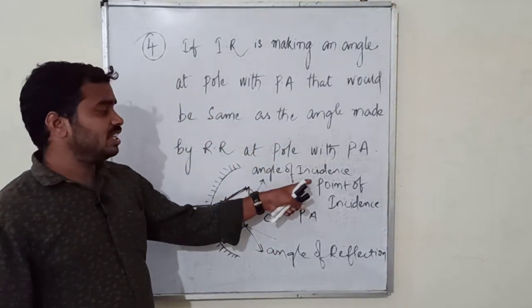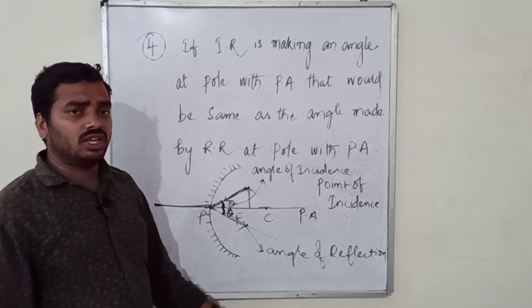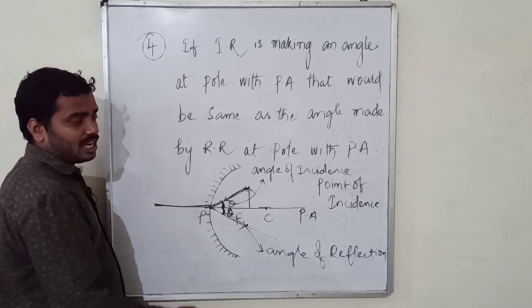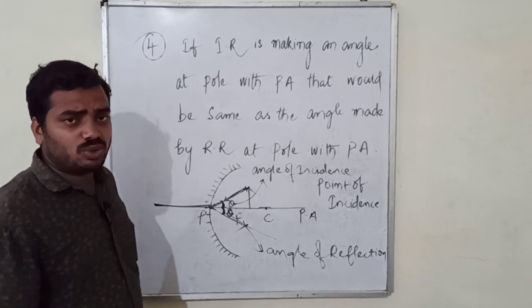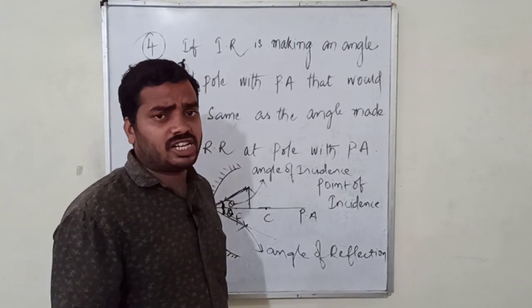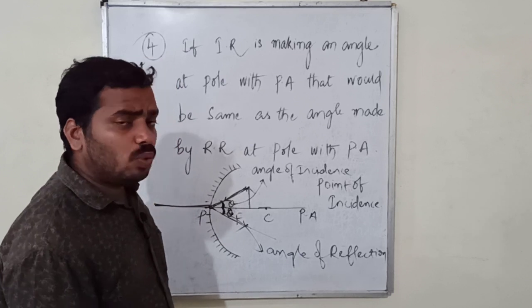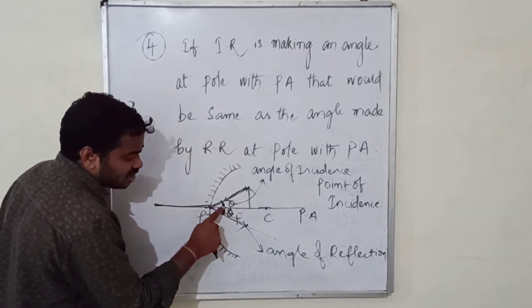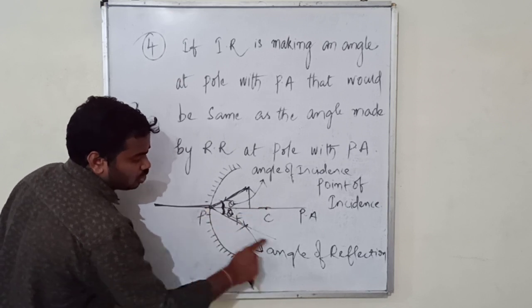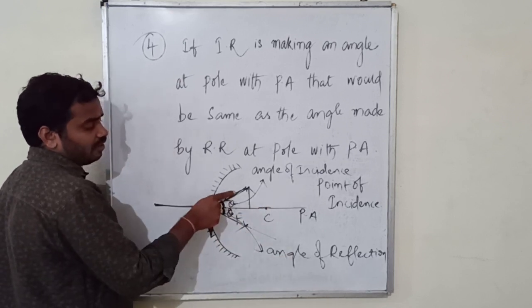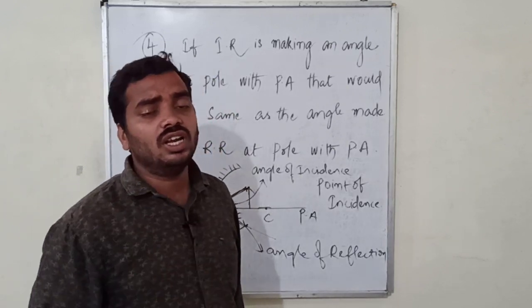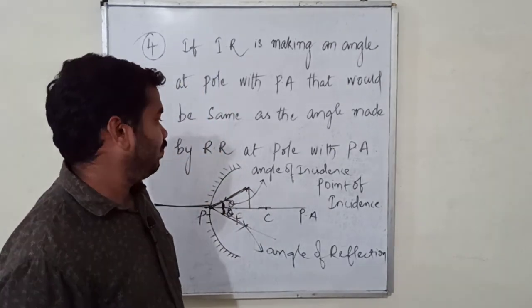The angle of incidence must be equal to the angle of reflection. If an incident ray is making 60 degrees with the principal axis, they may ask you to draw the reflected ray. Then how would you draw it? Just make a 60 degrees angle with the principal axis and draw a ray. That will become the reflected ray.